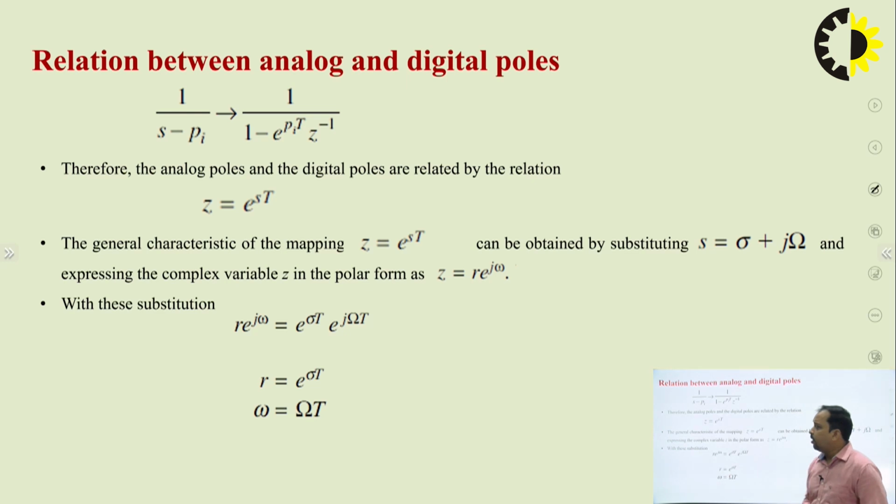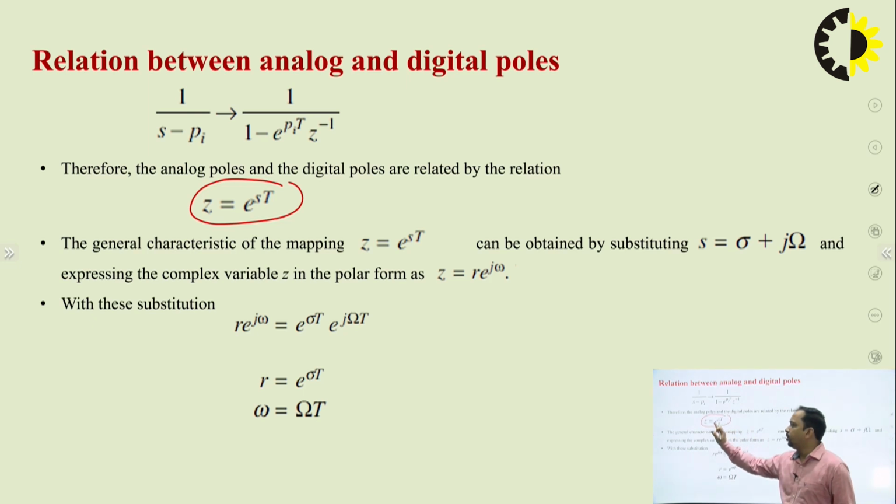Now we are going to see the relationship between the poles of the analog and the digital transfer function. If the mapping factor is z equals e raised to power sT, we are already aware that this is the mapping factor so that we can convert the S domain into the Z domain.